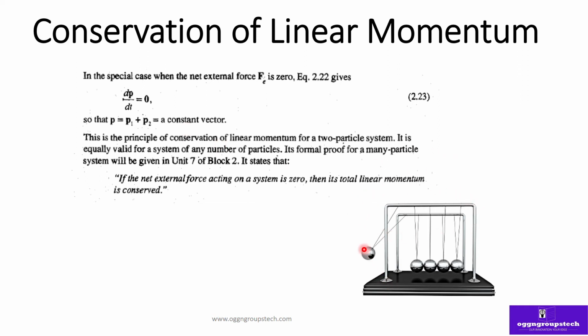Here in this case, if this ball is here and if I throw this ball here, what will happen? One ball will come out, it will reach some peak and come back to rest. Again, these three balls remain here only and one ball comes out. So this is also an example of conservation of linear momentum. There is no external force acting on it.